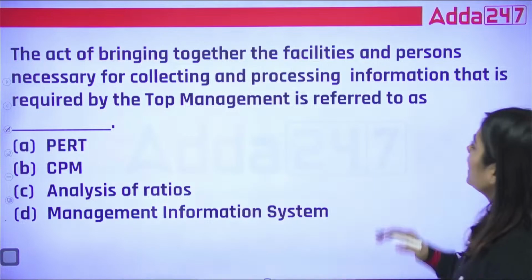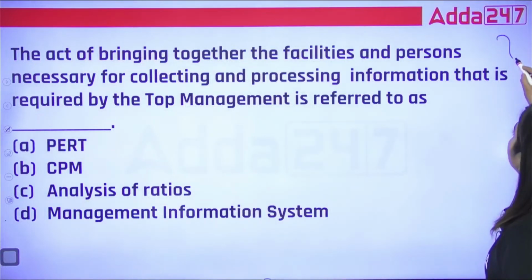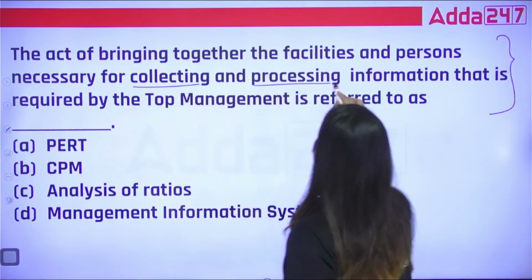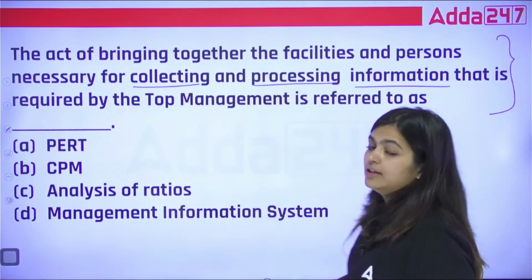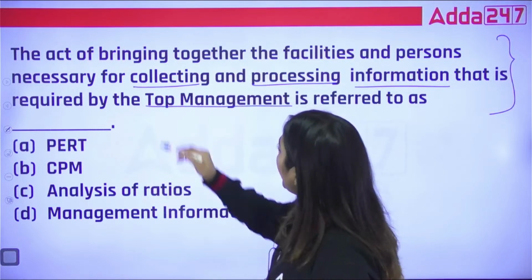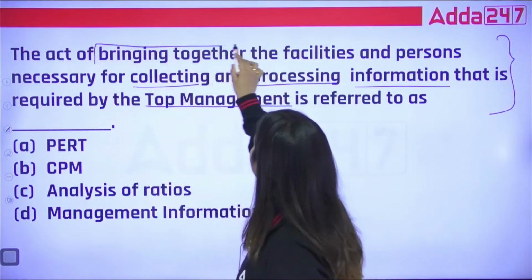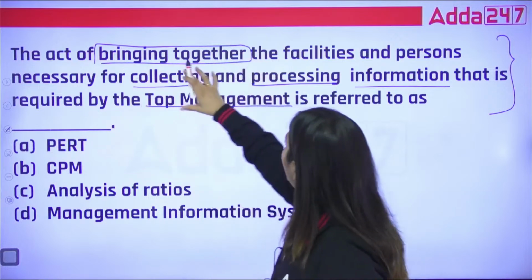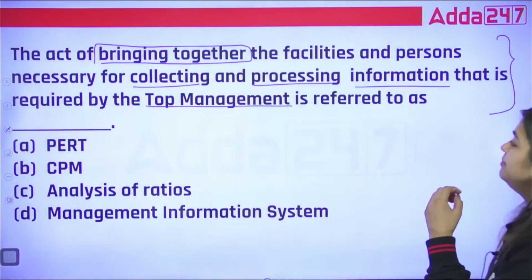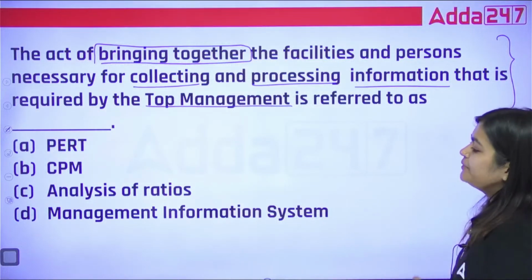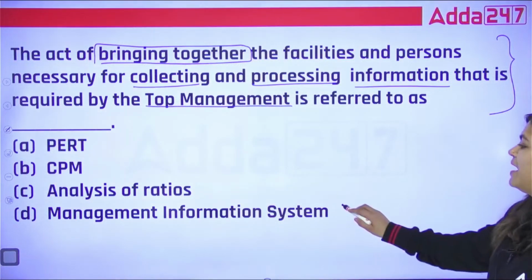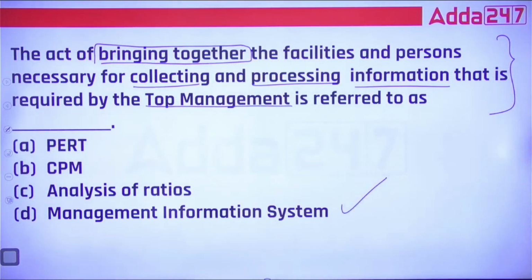If you read this paragraph again, they are saying that we are collecting and processing information required by top management, and the act of bringing together all the required information for top-level management is called management information system.